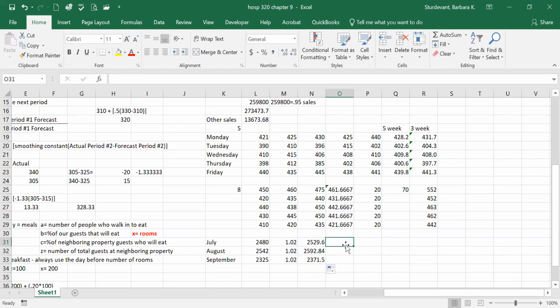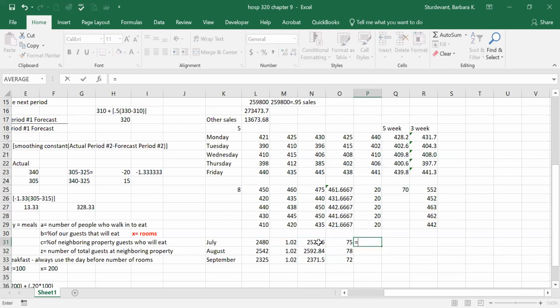Once we get that 2%, we want to find the room revenue. They give us the room revenue, the room price, Classy Motel. And then what we're trying to do is find the room sales.